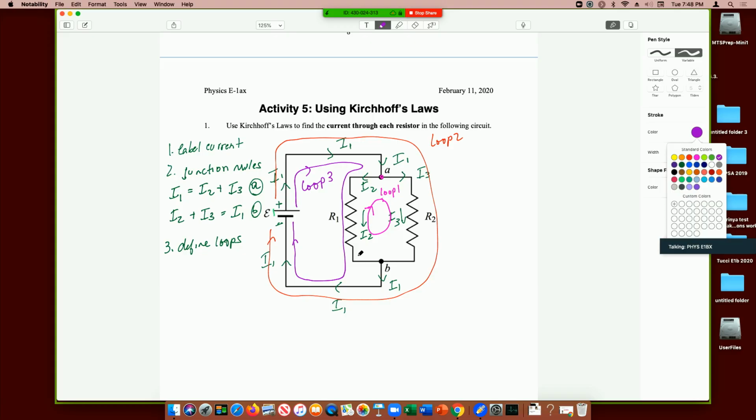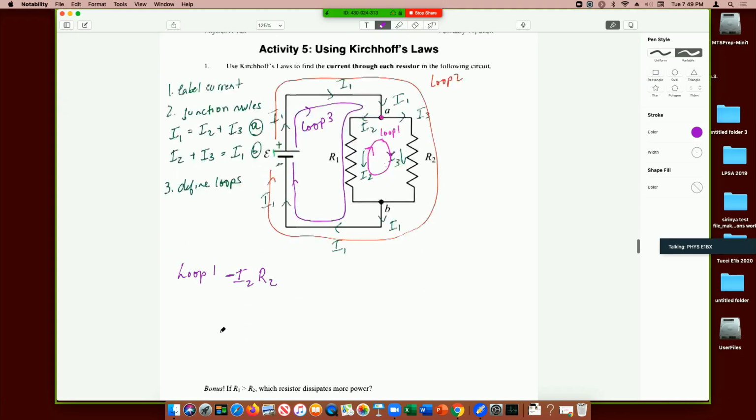Here the direction of my loop is in the same direction as the current or the opposite direction of the current? Same direction, right? So loop 1 is going to be current 2 times R2, but it's going to be negative, based on this definition up here.